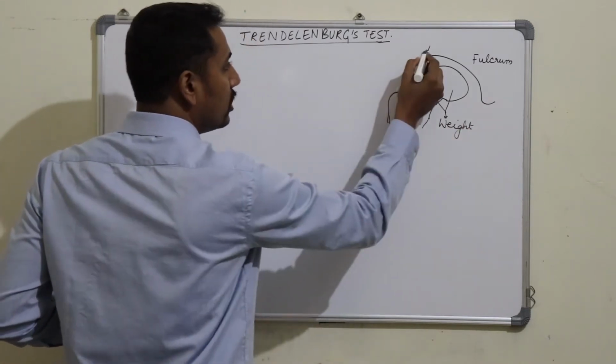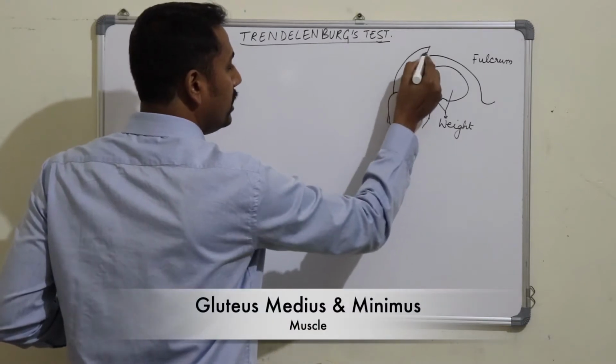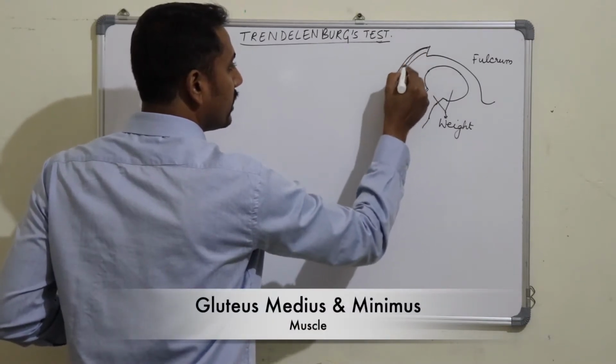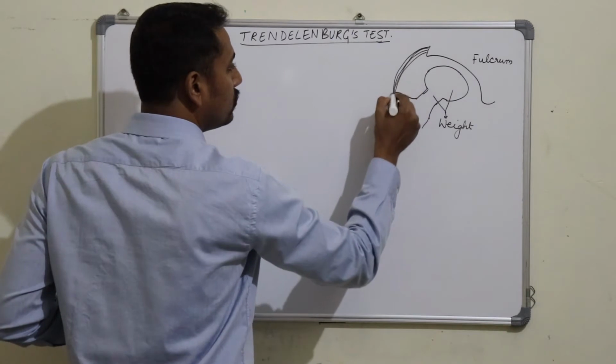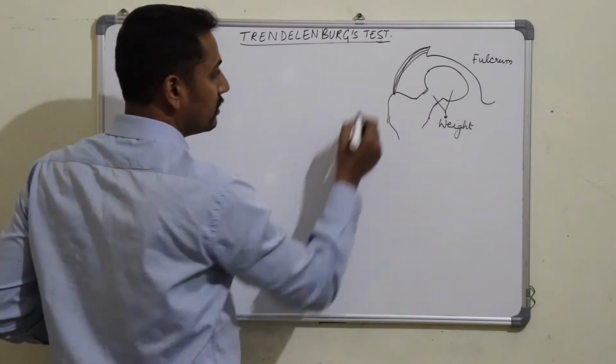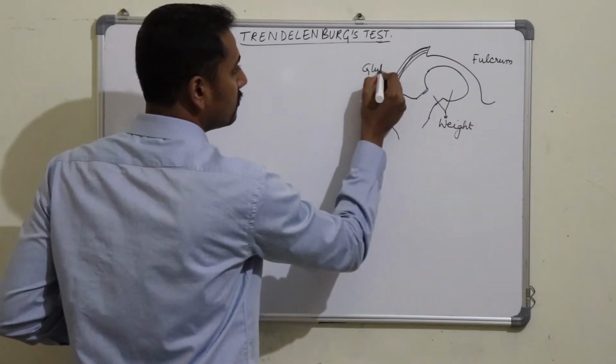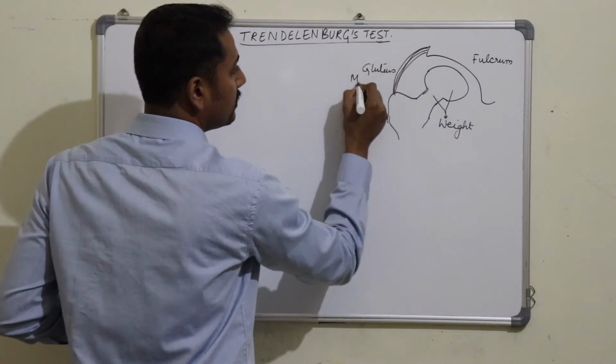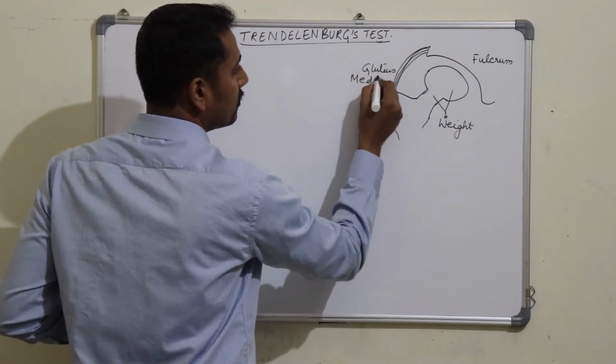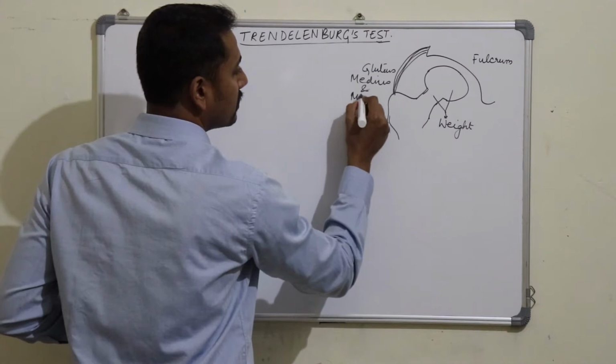And the third is the gluteus medius and minimus muscle, which is attached from the ilium to the greater trochanter of the femur. So this is the gluteus medius and minimus muscle.